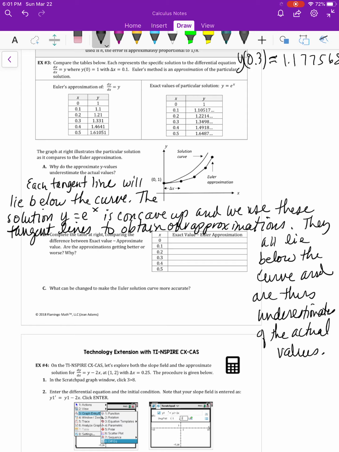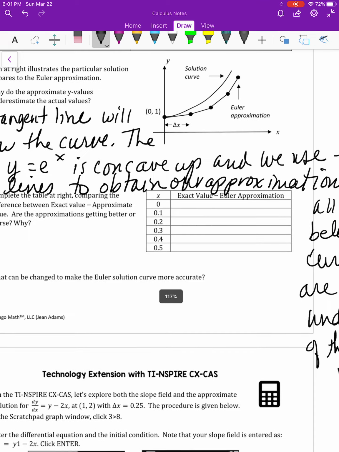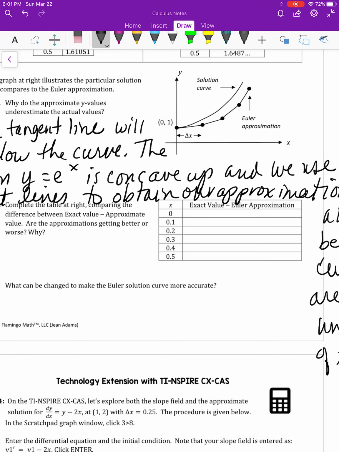Then part B: complete the table at the right, comparing the difference between exact value minus approximate value. Are the approximations getting better or worse? Why?